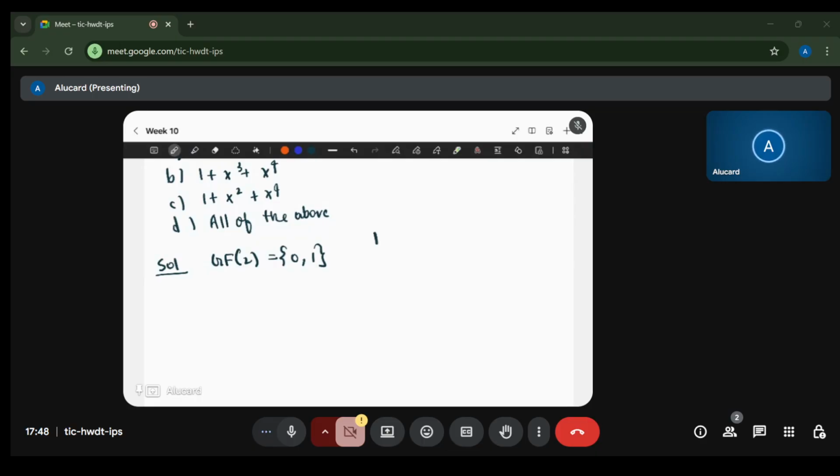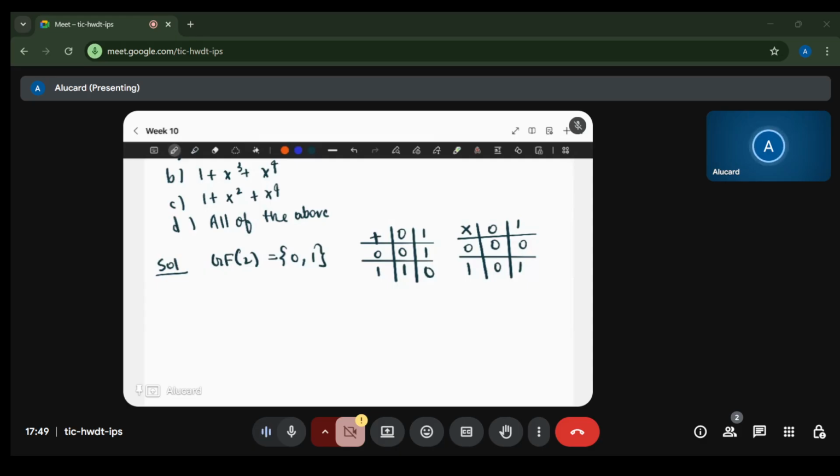Here in GF of 2, 0 plus 0 is 0, 0 plus 1 is 1, 1 plus 0 is 1, and 1 plus 1 is 0. And multiplication, 0 times 0 is 0, 0 times 1 is 0, 1 times 0 is 0, 1 times 1 is 1. That's normal Boolean algebra.